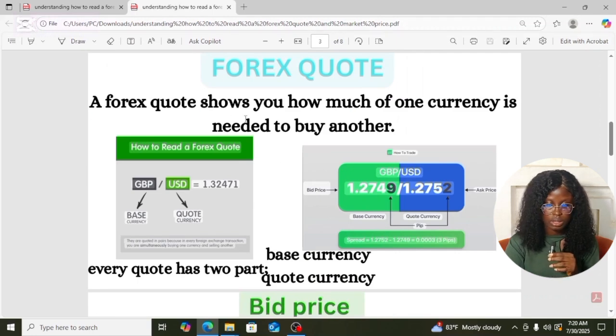So what is a forex quote? A forex quote shows you how much of one currency is needed to buy another. If you watched the previous lesson, we talked about currency pairs. I said in the forex market, currencies are traded in pairs, and we talked about base currency and quote currency.